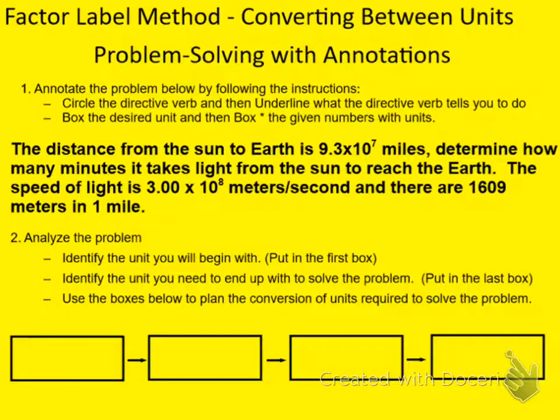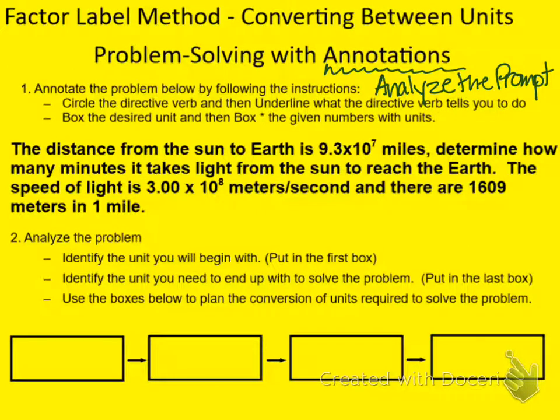So what do some problems look like that require you to do some converting? I know this looks really busy, but we're going to take it step by step. When we problem solve, one of the big things we want to use is annotations. I want you to think about your analyze the prompt strategy. We are using our science version of that.